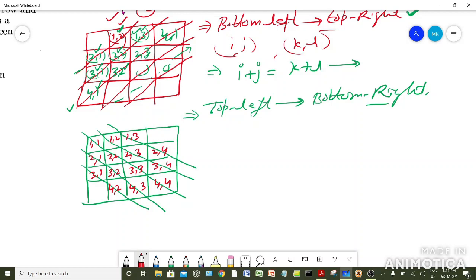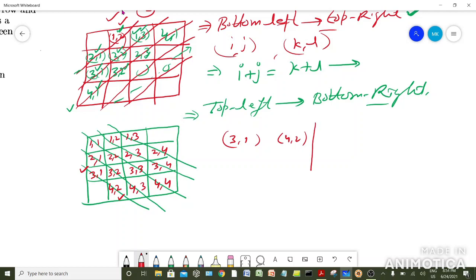Now try to find the condition that justifies the placement of two queens which are facing each other. So let us pick this diagonal, which is 3 1 and 4 2, first one.